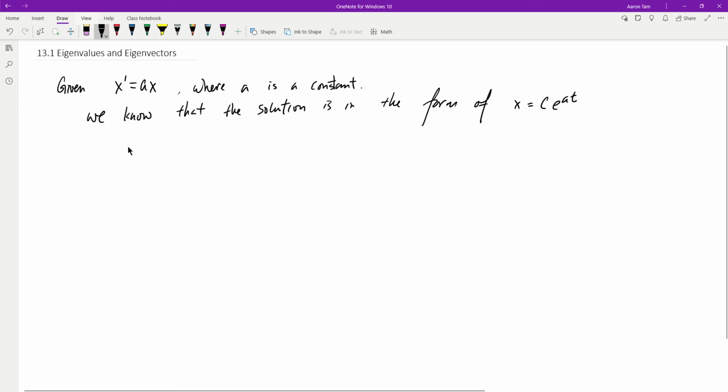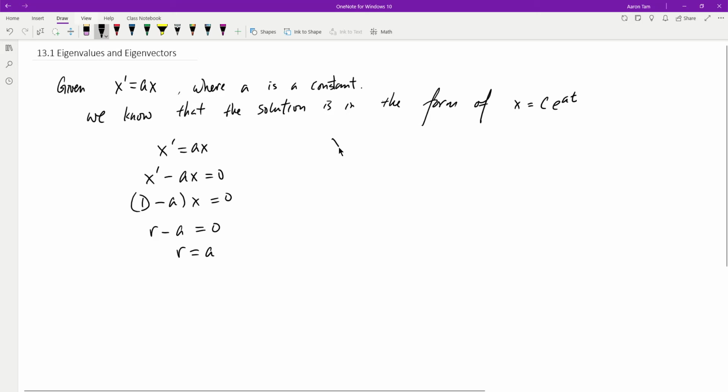Now, how do I know that? Well, simple, because x prime equal to ax, meaning x prime minus ax equal to 0. Therefore, I can define the differential operator D minus a applied to x equal to 0, which results in the characteristic equation r minus a equal to 0. We therefore know that the characteristic root is a.